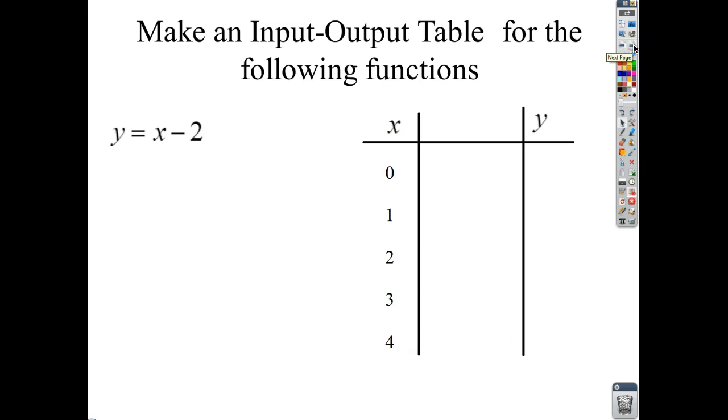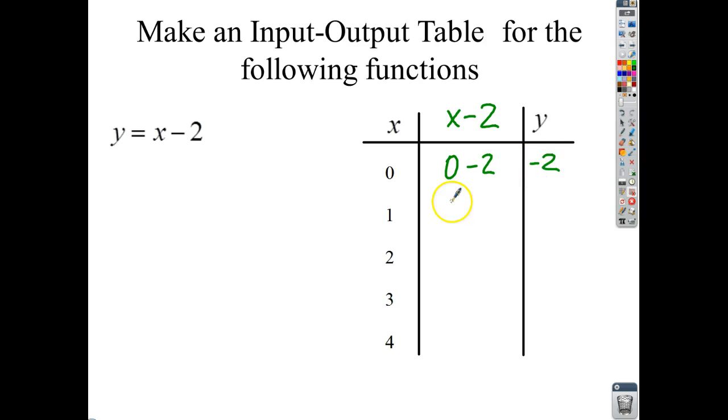All right, why don't you go ahead and try doing this one? Okay, so here's my domain, and here's my range. Input, output, independent variable, dependent variable, right? This one depends on what x is. And then what are we doing? We're taking the input and lowering it by 2. We're subtracting 2. So I'm going to do 0 minus 2. What's that?